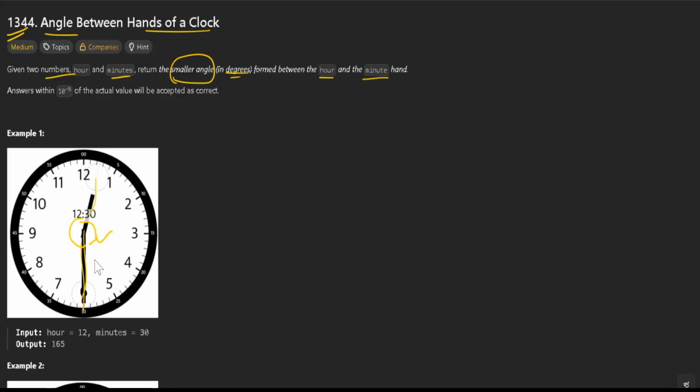So there is a universal formula, and the angle will come from 30h minus 5.5h m. Sorry, this will be 30h minus 5.5m. Okay, so this is the universal formula we have, guys. So this is your m.